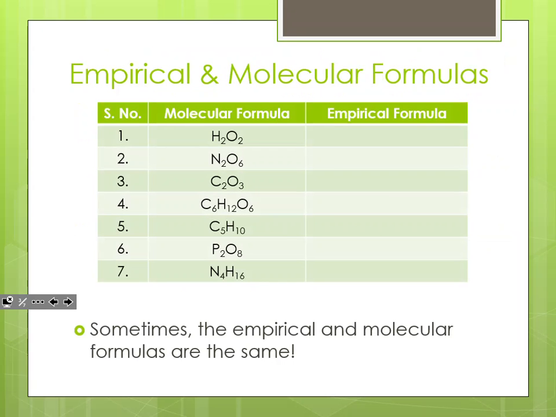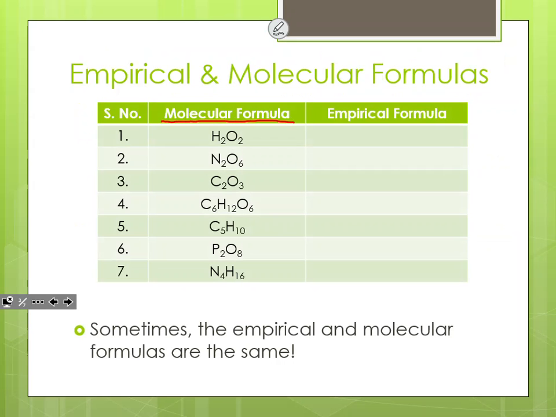So looking at this chart here, empirical and molecular formulas. Over here they give us molecular formulas, like H2O2, that is hydrogen peroxide. And if you look there, there's two H's, two O's. What common factor do they have between them? A 2. So that's not the lowest ratio possible.